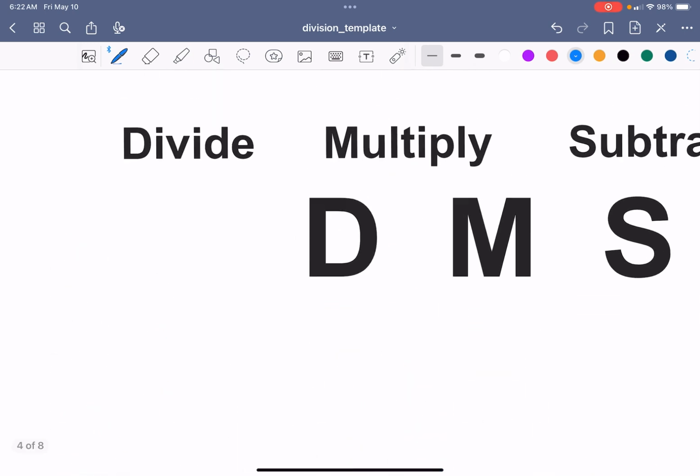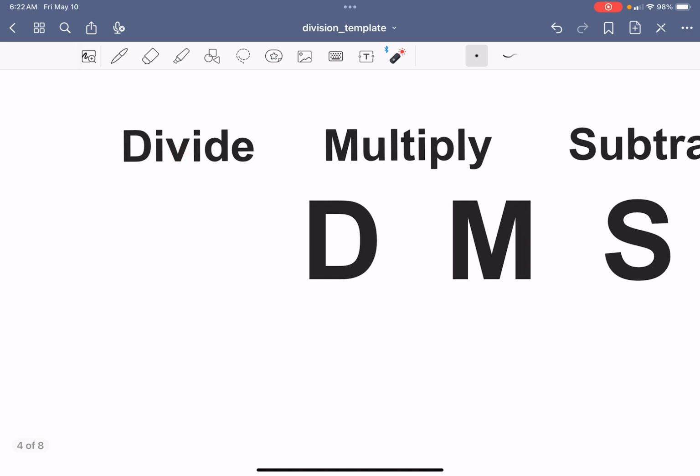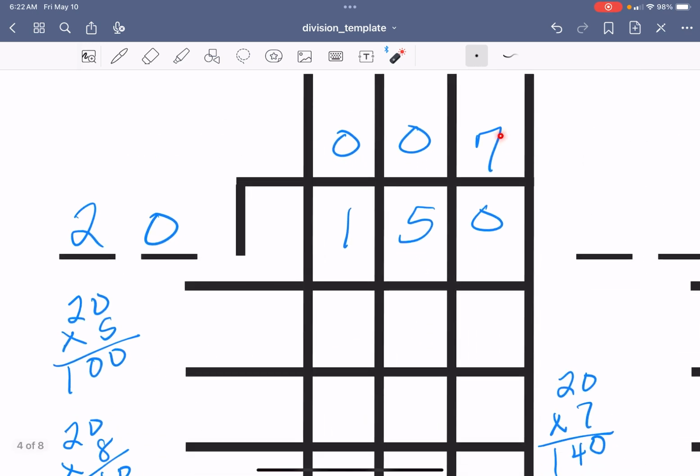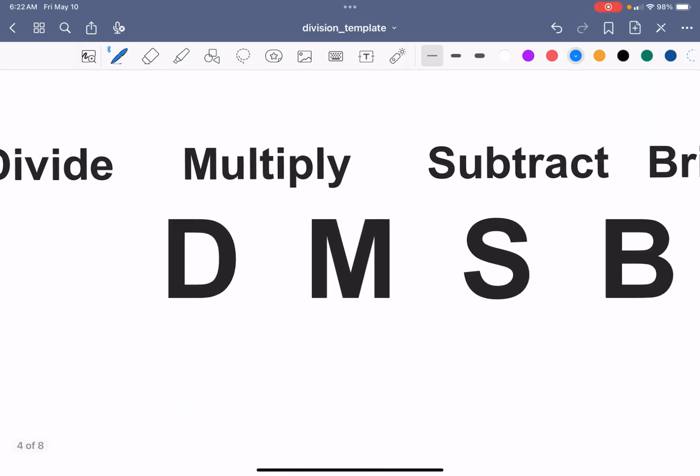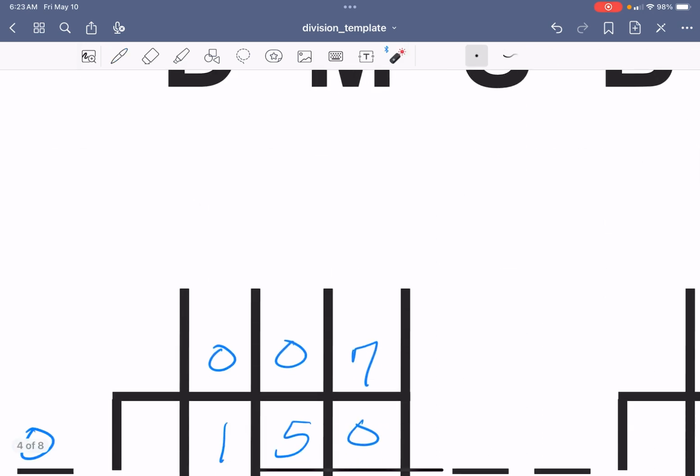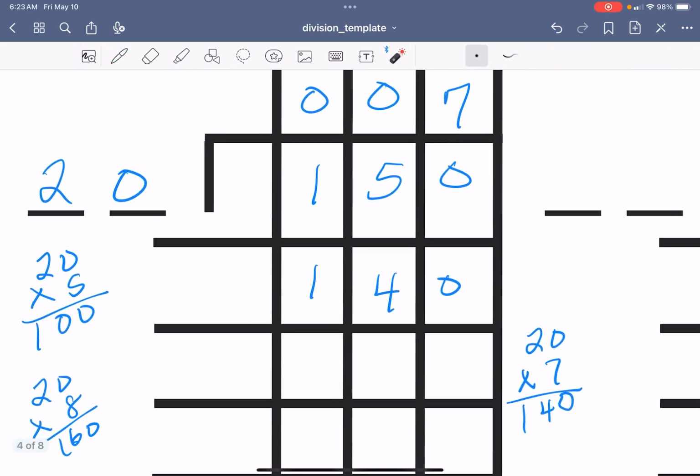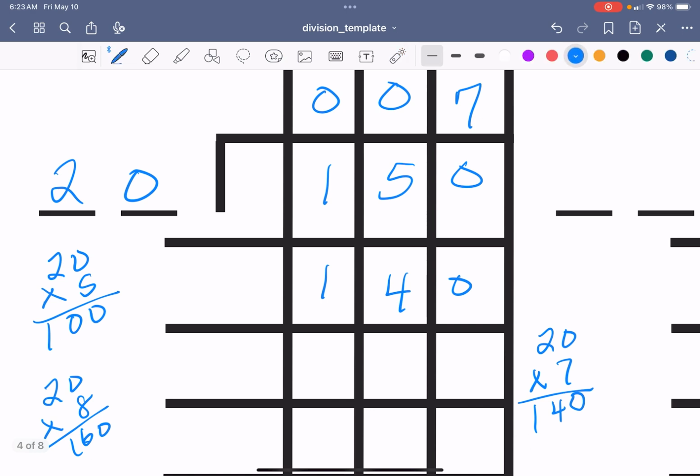Now, after we divide, we have to multiply. 7 times 20 is 140. Next, we have to subtract. 0 minus 0 is 0. 5 minus 4 is 1. 1 minus 1 is 0.